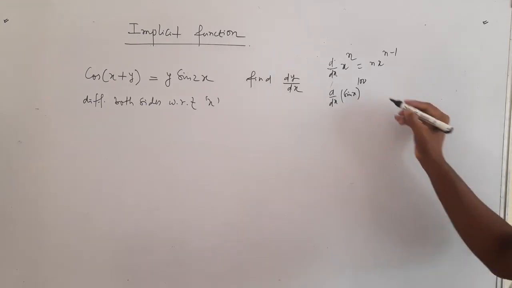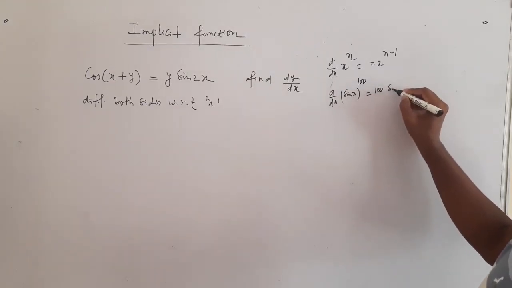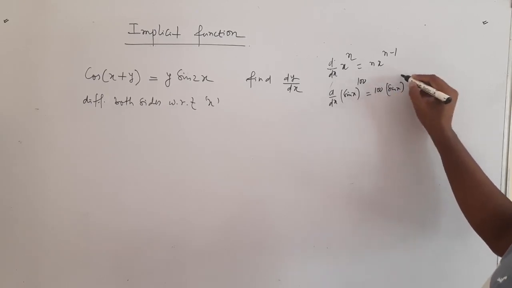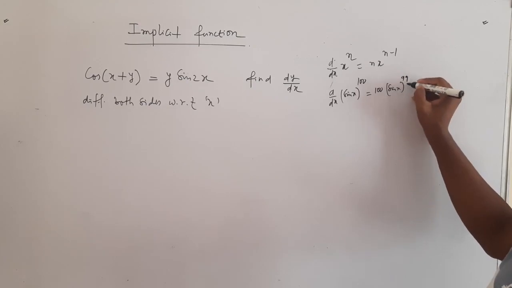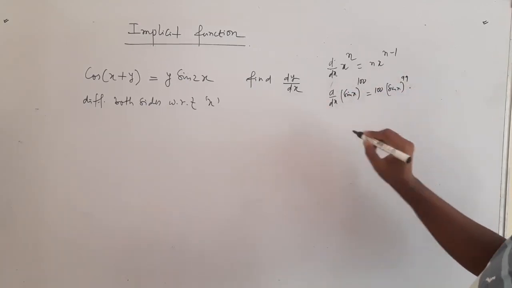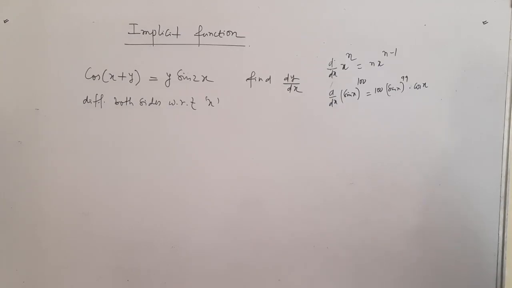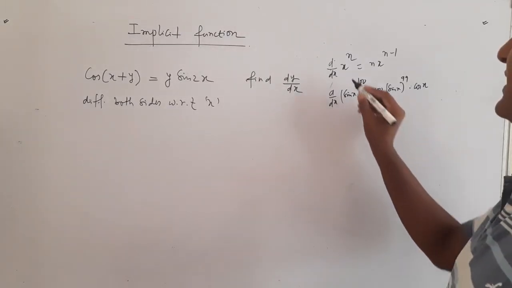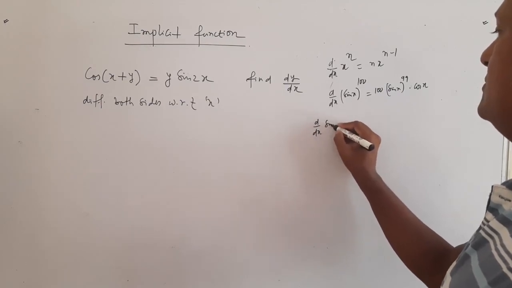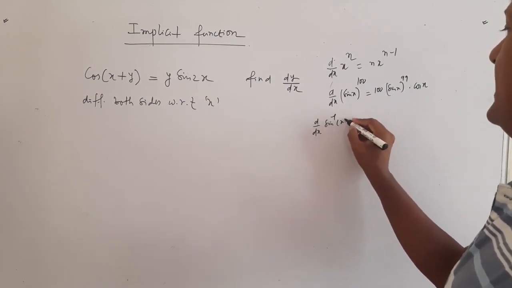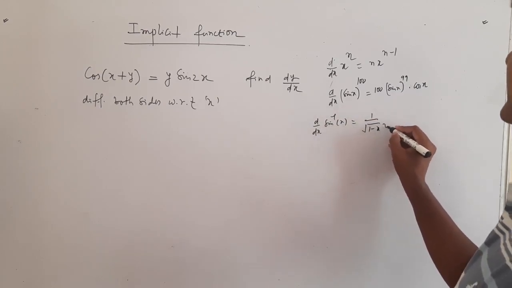Now how to do this? You just write 100, then take sin x as the variable, to the power n minus 1. In this case it is 100 minus 1, so it is 99, and then you differentiate whatever is inside and multiply here. So this is cos x. Got it? Same way, d by dx of sine inverse x is 1 over under root 1 minus x square.